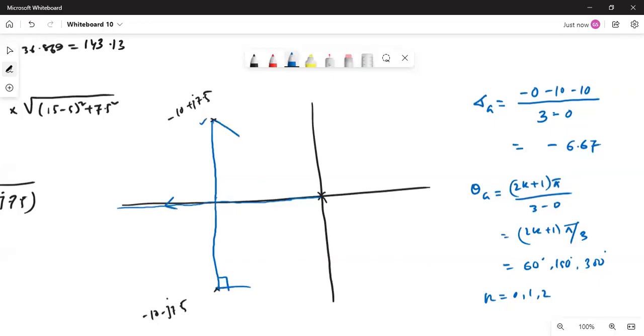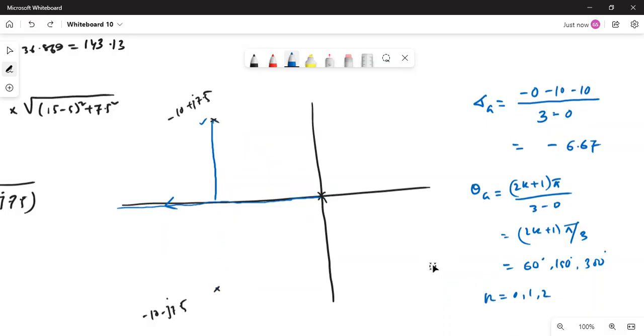And this angle, we already know, because based on that we plotted our root locus zeta line. So that angle is around 143.13. So this is already known to us. So based on these two, let's find the angle of departure.